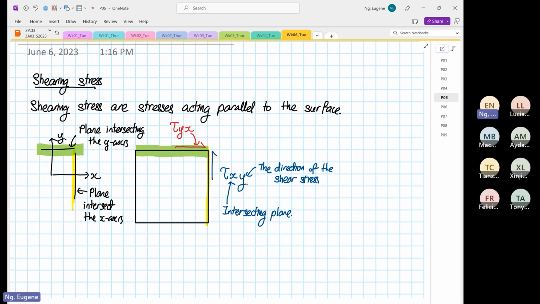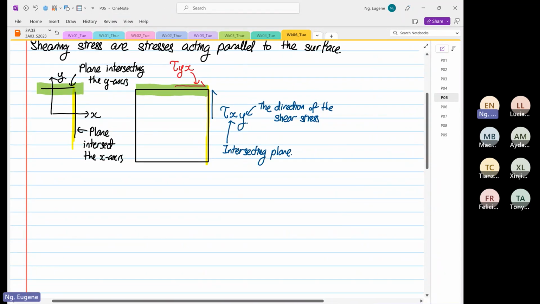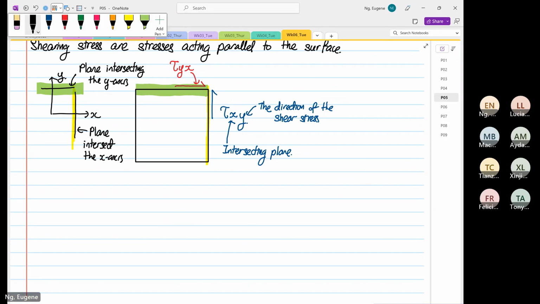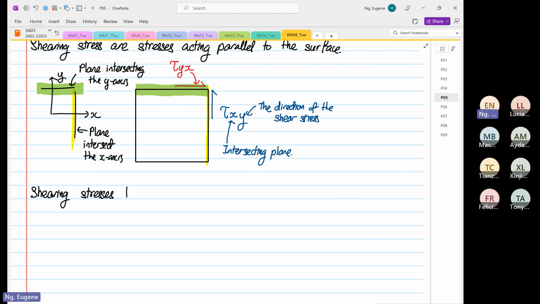And there are only two configurations. Okay, so shear stress and shearing stress have two configurations.